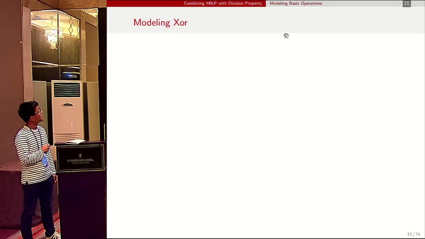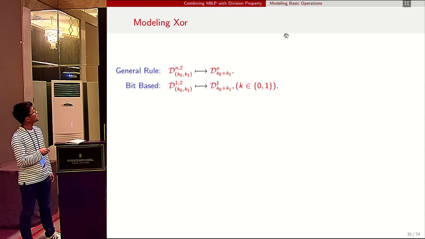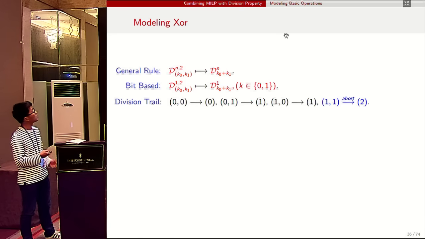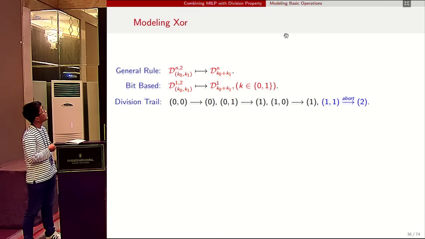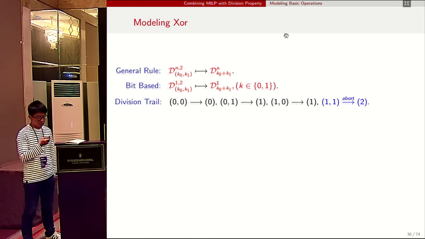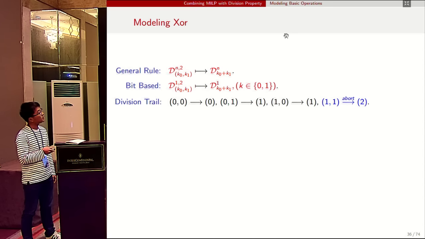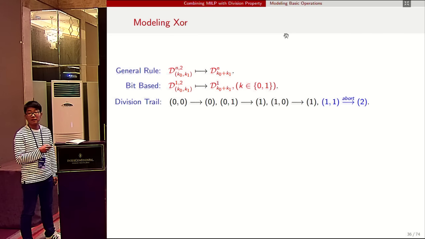Similarly, for the XOR operation, this is the general propagation rule, and for the bit-based situation, n equals 1. For this case, we can compute 3 division trios for the XOR operation. For the particular situation where K0 and K1 equal 1, this propagation will abort, because K0 plus K1 equals 2, which is greater than 1.